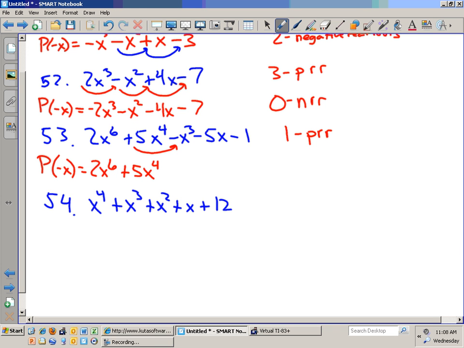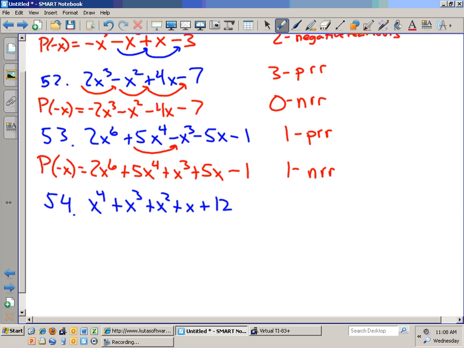Negative x to the third will give you, when you subtract, a positive x to the third, positive 5x, and a minus 1. How many sign changes are there? 1. 1 negative real root.